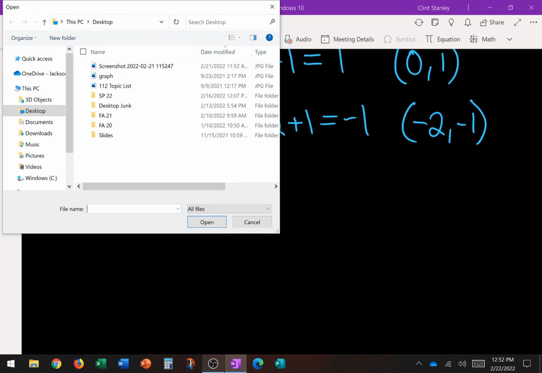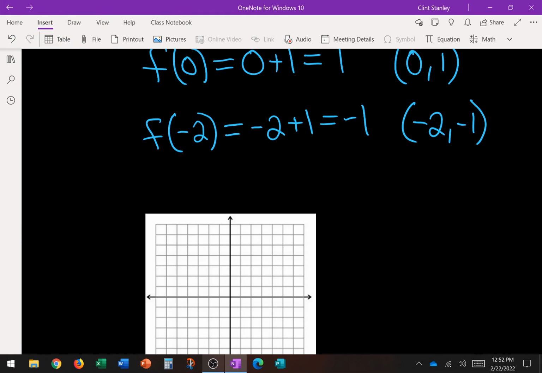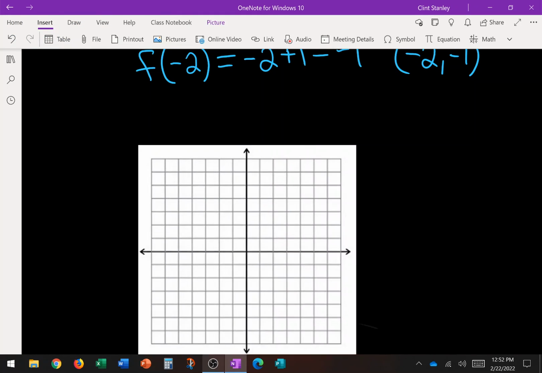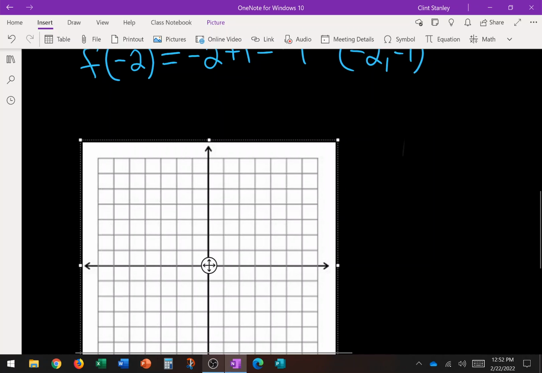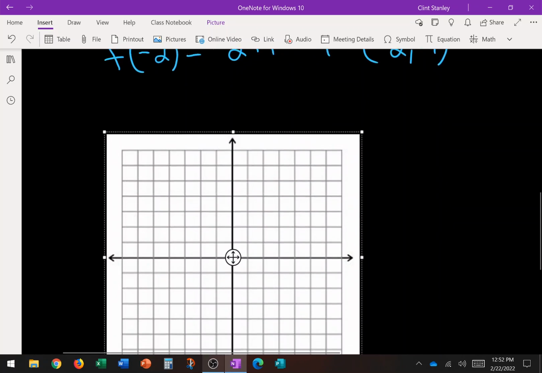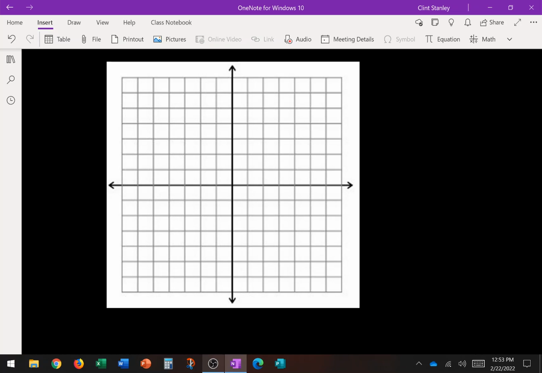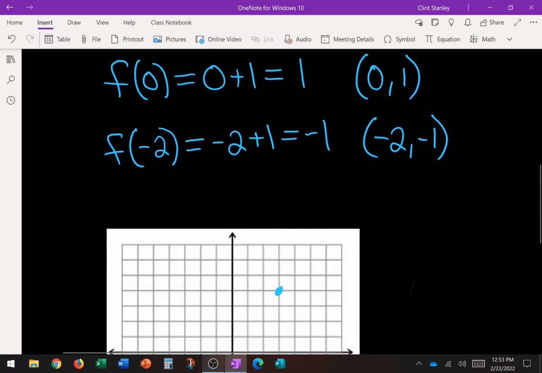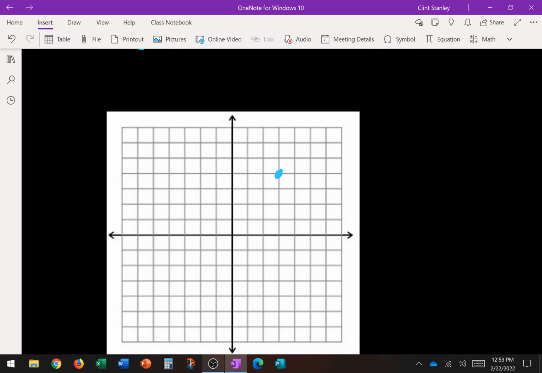Let's get some graph paper here for the pull up. So what do we know? We know 3 points that are on the graph. We've got 3 comma 4, so to the right 3, up 4. We've got 0 comma 1, so none left or right, up 1. That's actually a special point because that's where our graph crosses the y-axis.